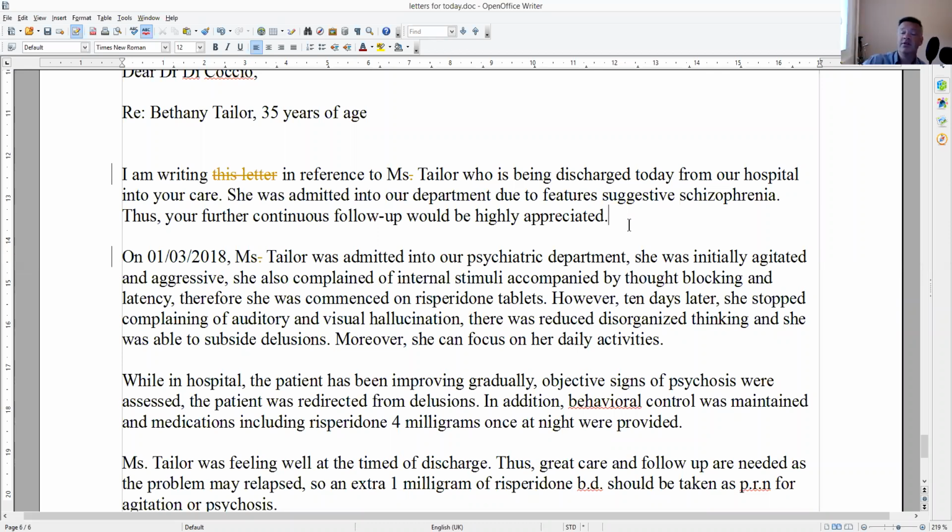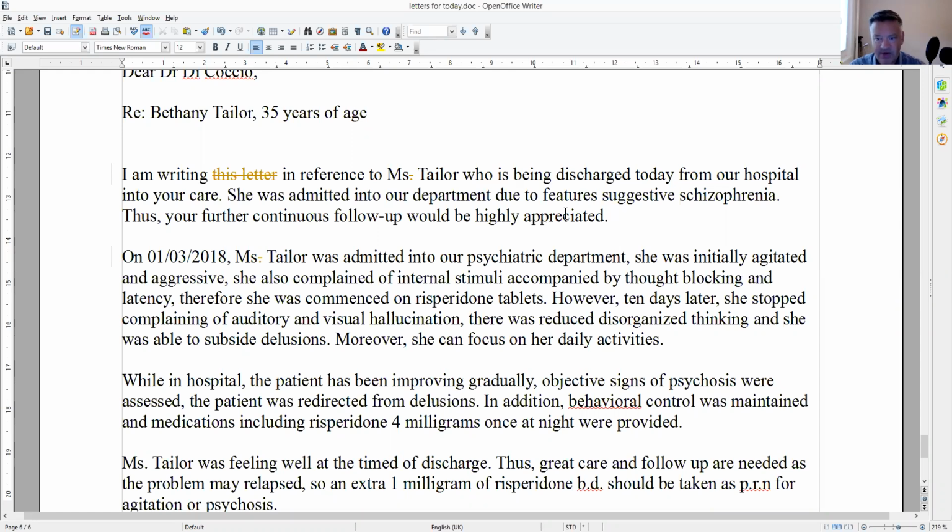I'm sure that's not what she complained of. From the case notes, she was having delusions. She thought she could communicate with political figures or something, and so that's what she actually said, not this.